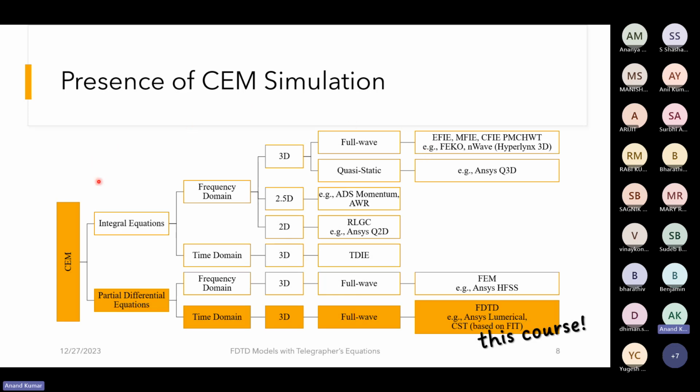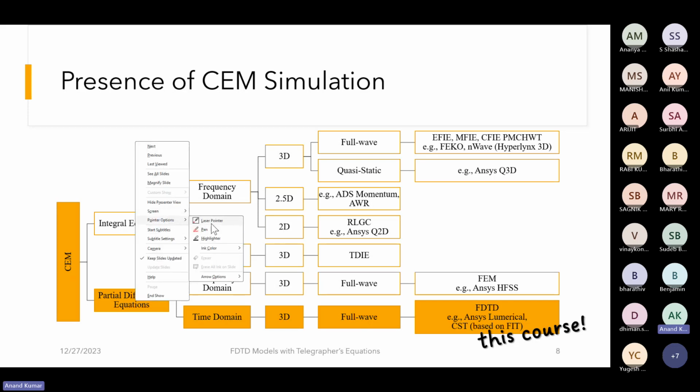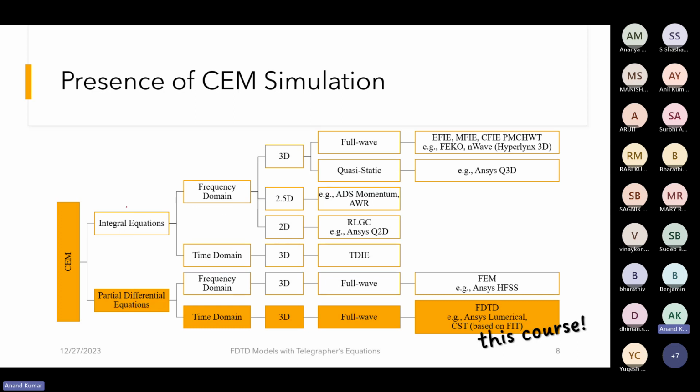Computational electromagnetics can be broadly categorized into four parts. So maybe I can shift to a pen. This is computational electromagnetics, and you can either solve it in frequency domain or in time domain. And Maxwell's equations can be written in either their integral form or their differential form.